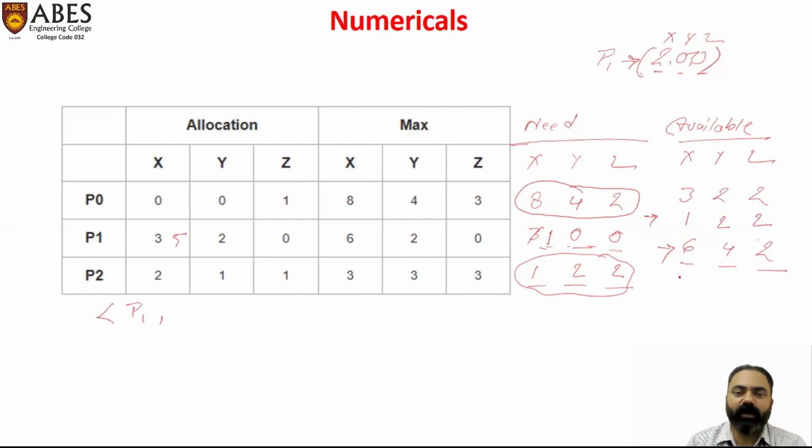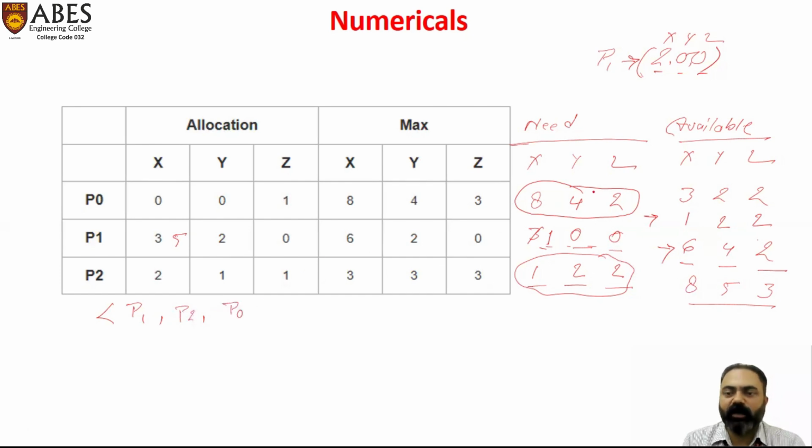So it became again 6 plus 2, 8; 4 plus 1, 5; and 2 plus 1, 3; 853. So P1, then P2. Now check for P0.